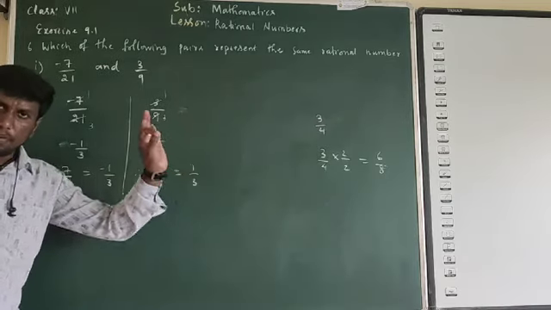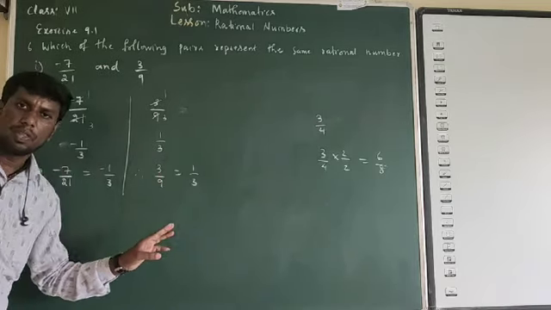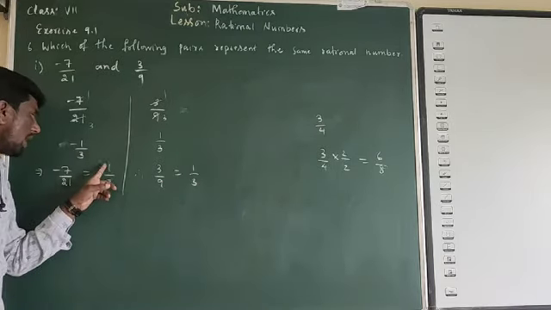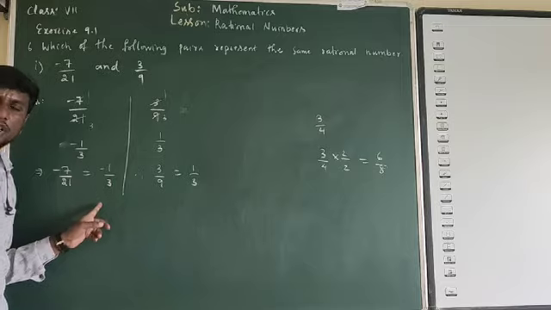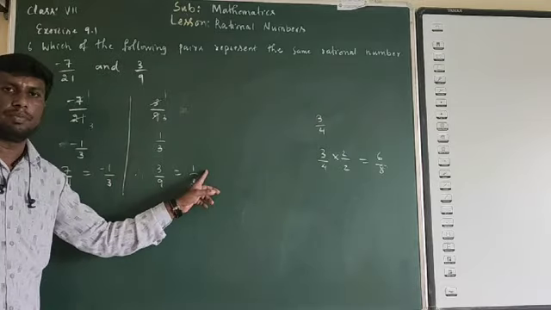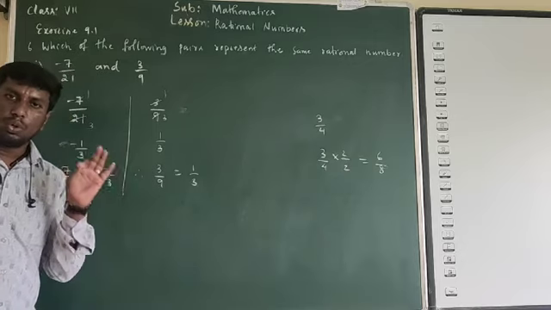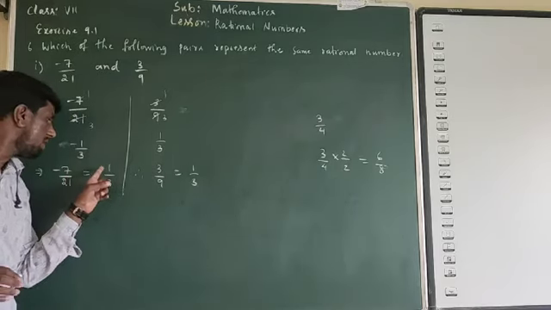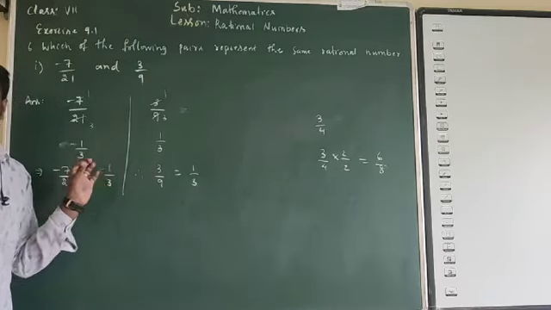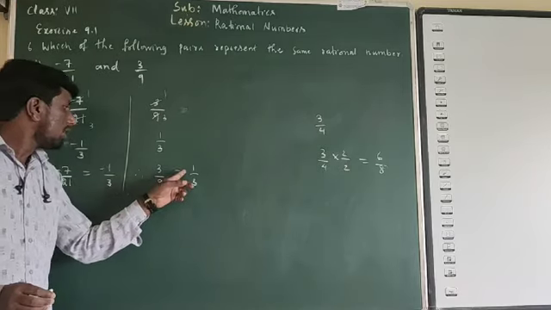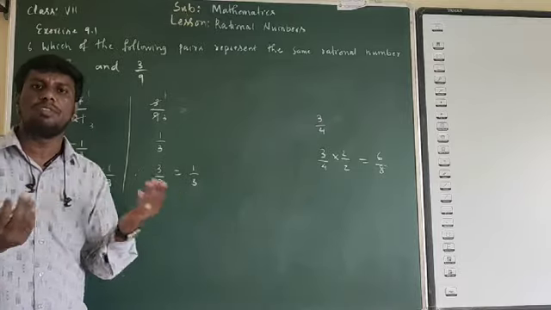Do both represent the same number? No, no. This is 1 by 3, this is also 1 by 3, but observe the negative sign. This is a negative rational number and this is a positive rational number. Obviously these two are not equal. Don't look only at the numbers, look at the sign also. If I place negative or positive, then the numbers are different.